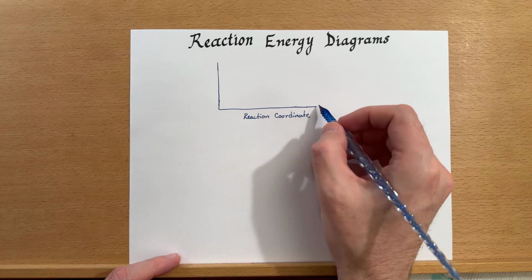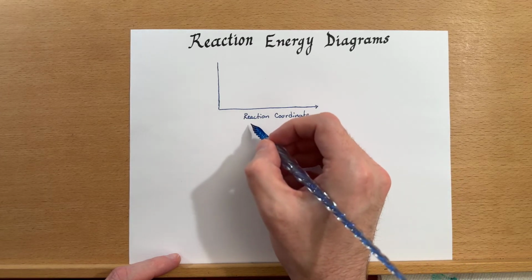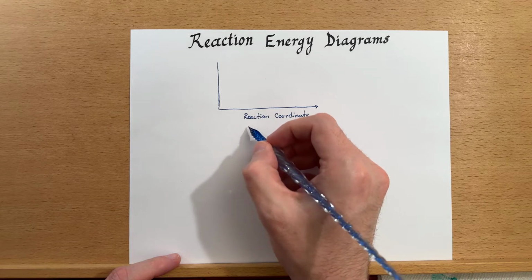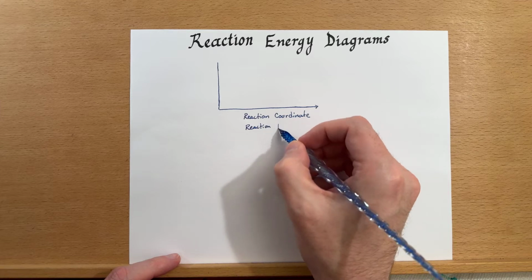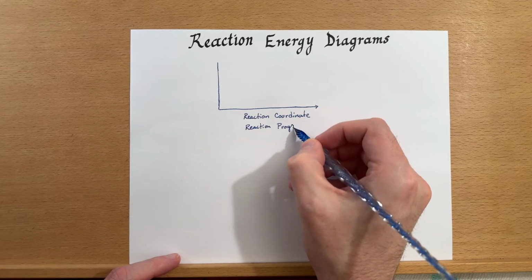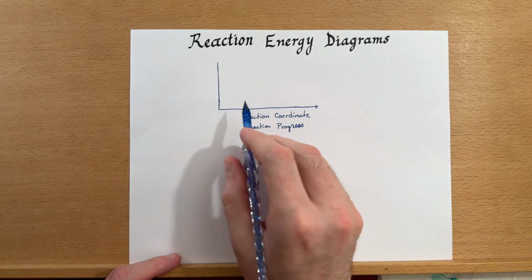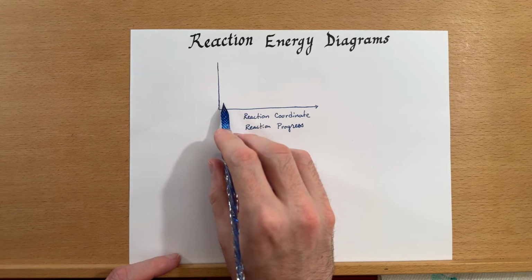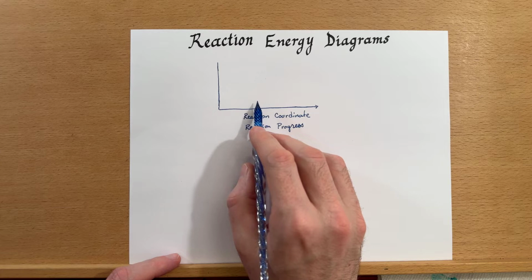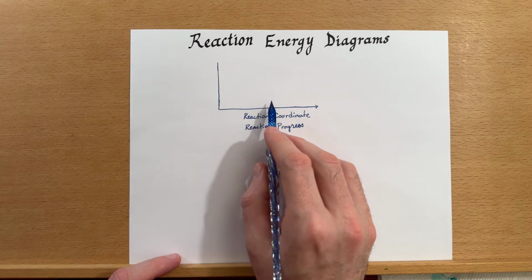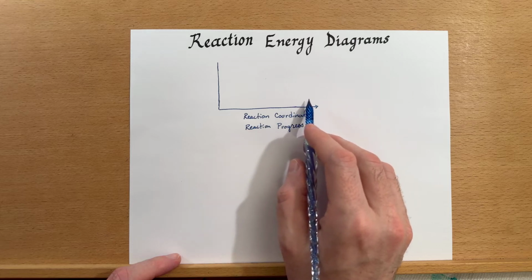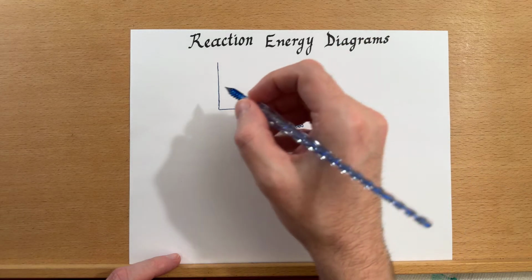Another way to think of this is a reaction progress. So we'll start here on the left with reactants, and we'll progress through some energy transition states on the way to our products, and then we will end at the products.